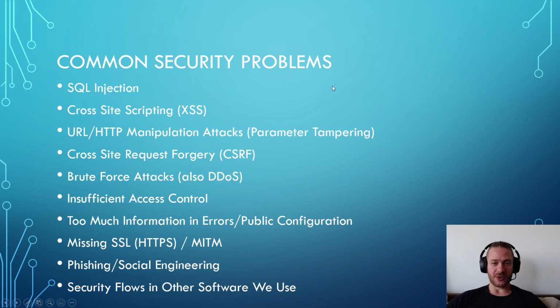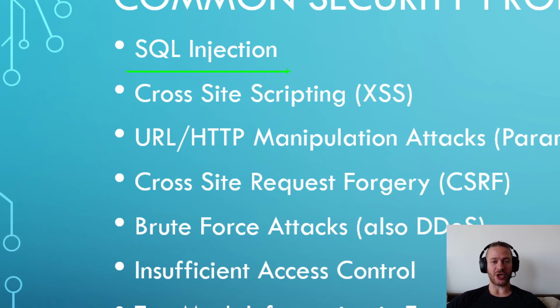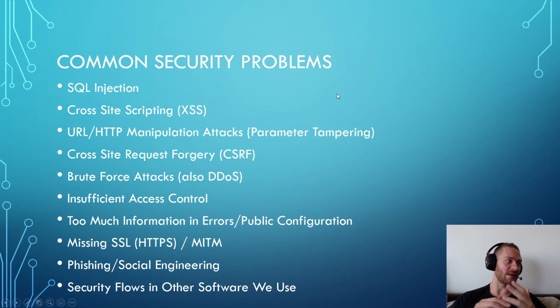So the common security problems we need to think about when we implement our web applications are listed here. There are more, but they are more rare. So first we have Sql injection, which I'm going to cover in today's video. But Sql injection essentially means that if my application is vulnerable, you can inject SQL code and execute unwanted queries on the database.